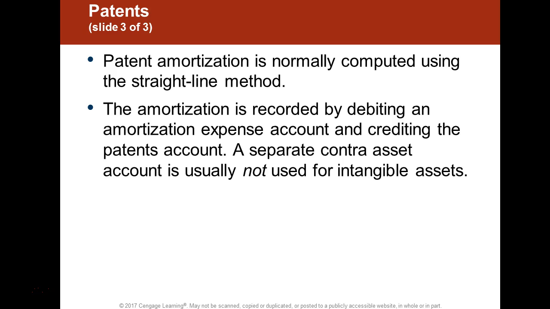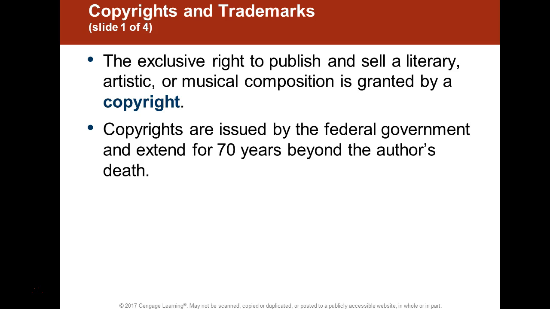You'll have to expense it. However, if the patent was successfully defended in court, then you will amortize it as part of the cost of the patent itself. That's the only thing that I think will be a little different. With patents, if you defend it successfully, it becomes an asset to you and you amortize it. Otherwise, it's an expense.